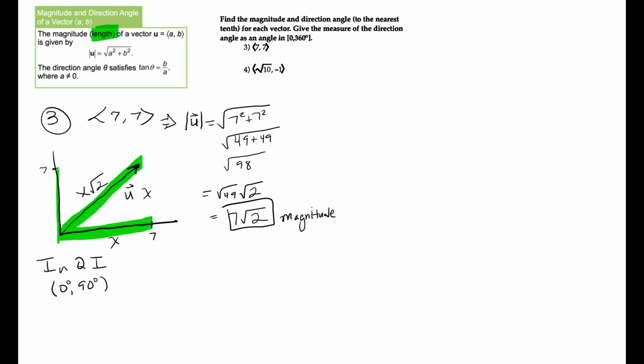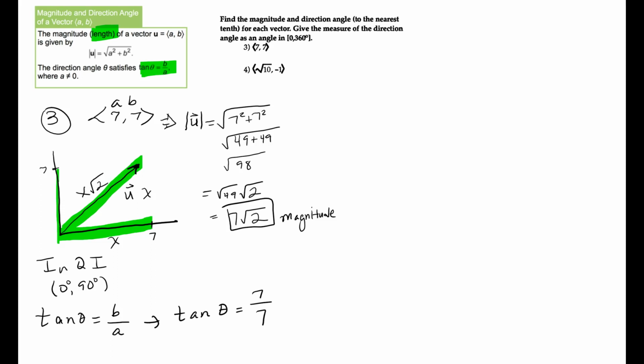Now we know the property from the formula up above that the tangent of theta is equal to b divided by a. If a and b are these numbers right here, then the tangent of the angle theta is going to be 7 divided by 7.